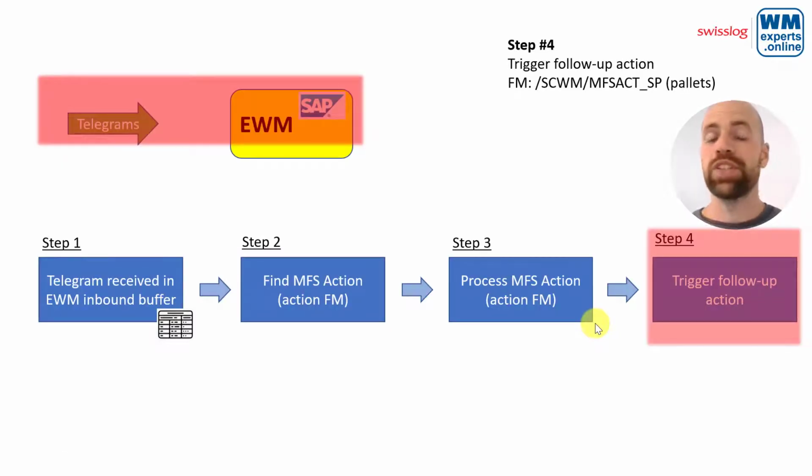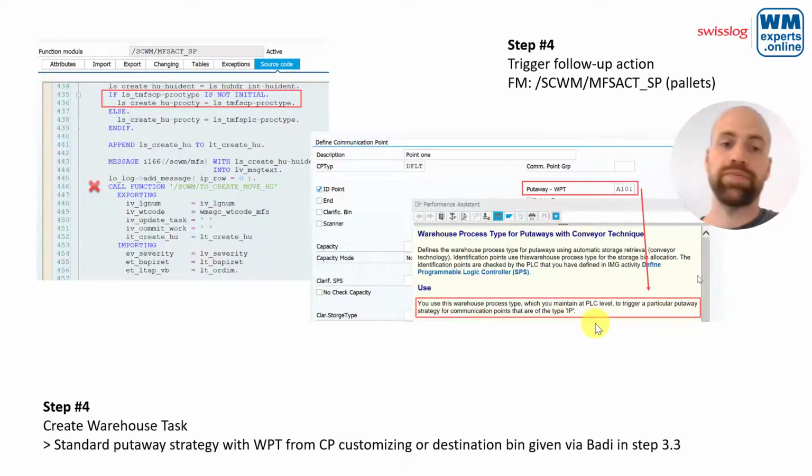Last step, still in this function module, but logically I highlighted it here as a separate step, as a trigger of the follow-up action, which means nothing else than the creation of the follow-up task.